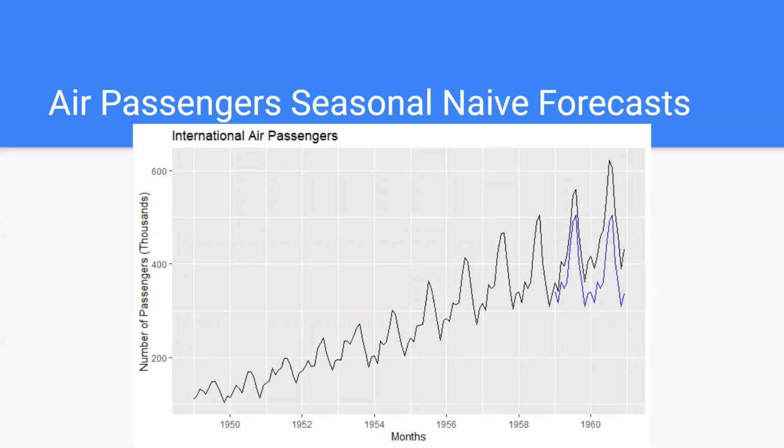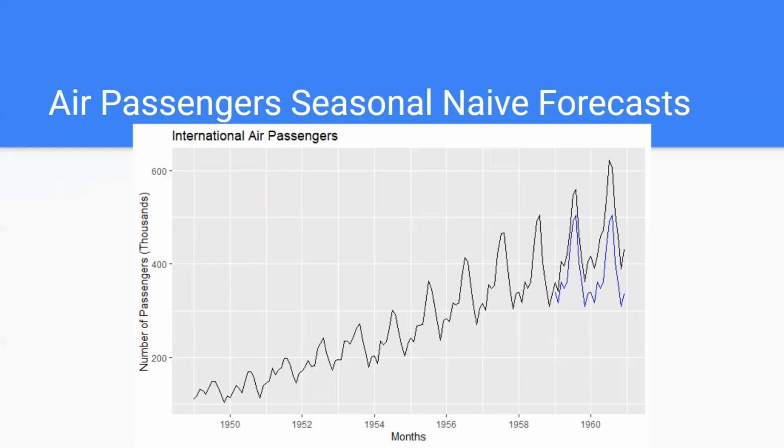The seasonal naive forecast method obviously accounts for seasonal fluctuations, with the number of passengers predicted to be higher during the summer, just as seen in previous years. However, because the forecasted values for each month are equal to the last observed value from that month, the increasing trend in the data is not taken into account by this forecasting method.